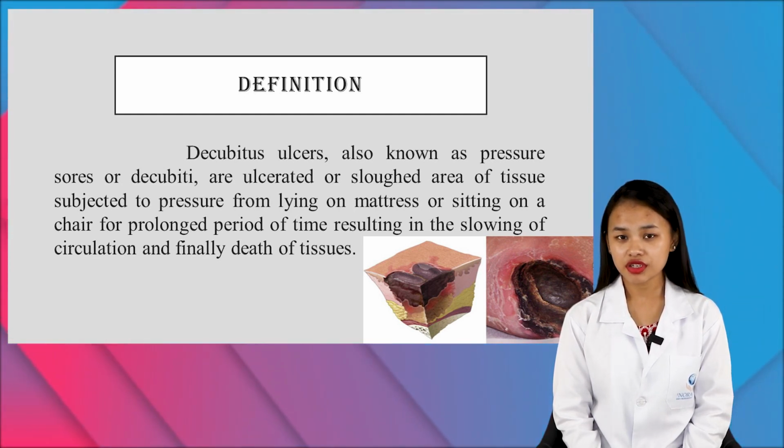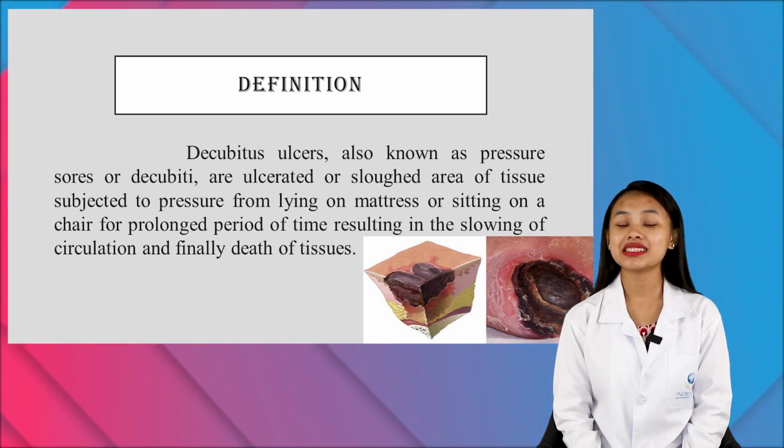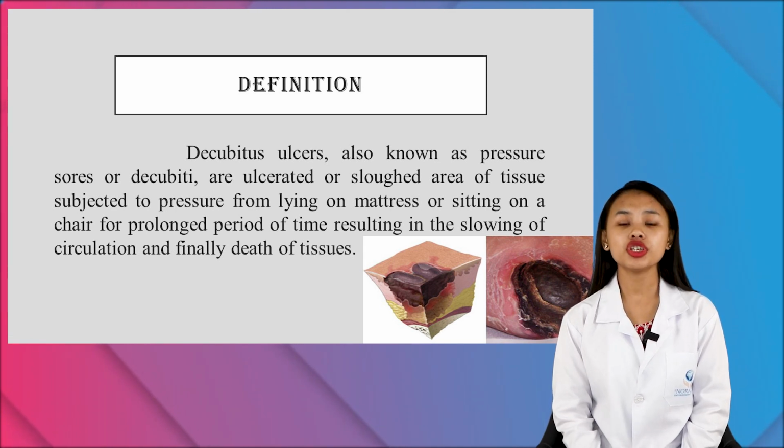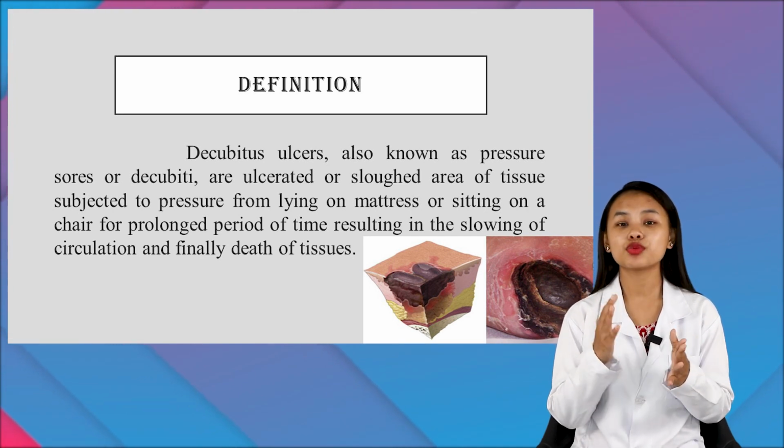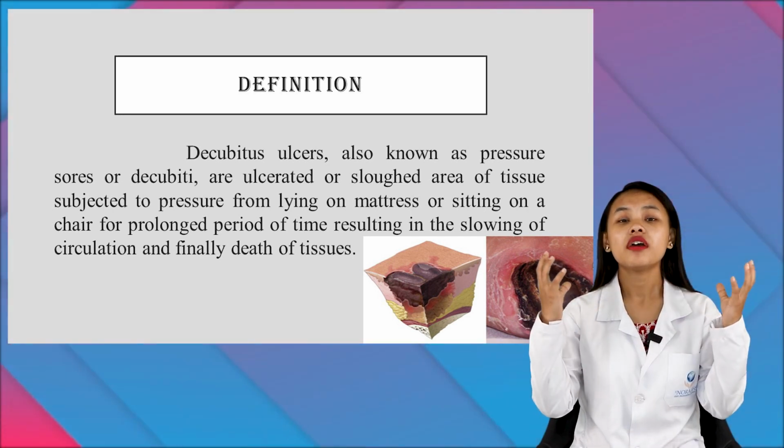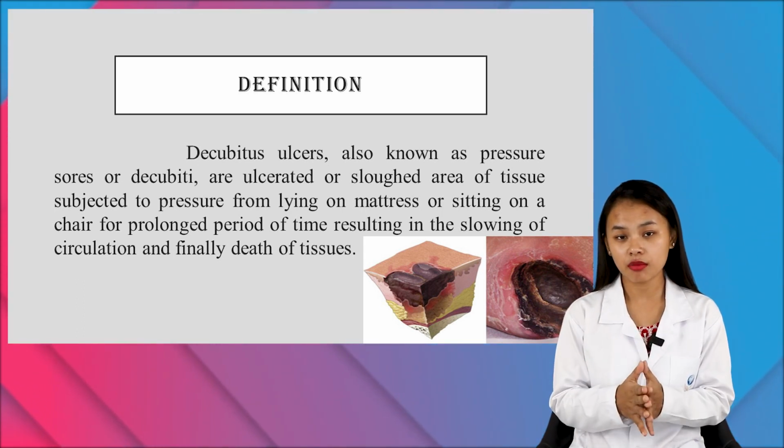So what happens here is, if a person is in the same position for a prolonged period of time, he or she will be pressuring the same points, as we have discussed about the various pressure points in our body.